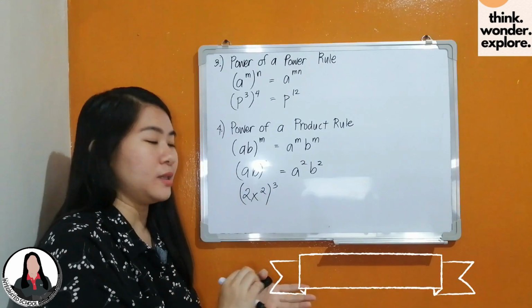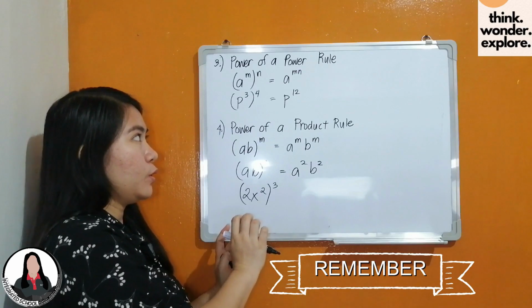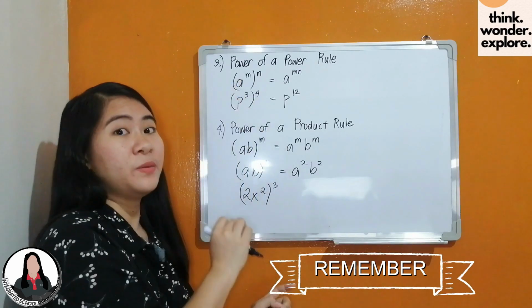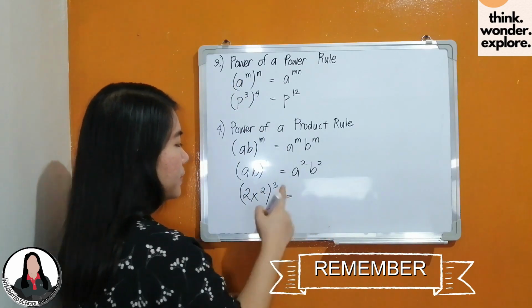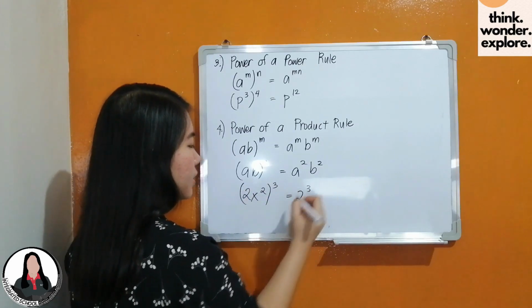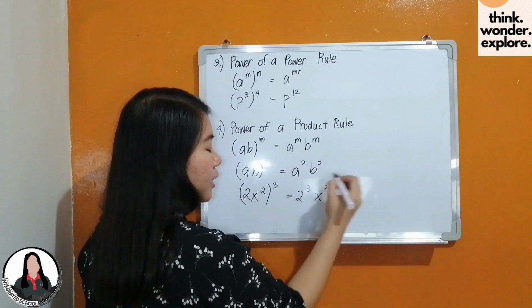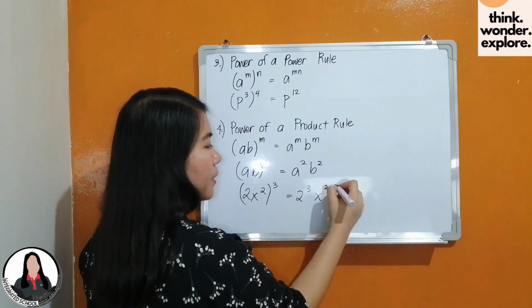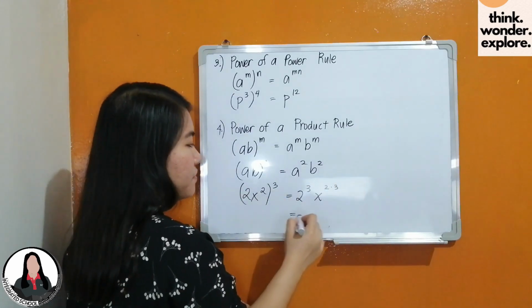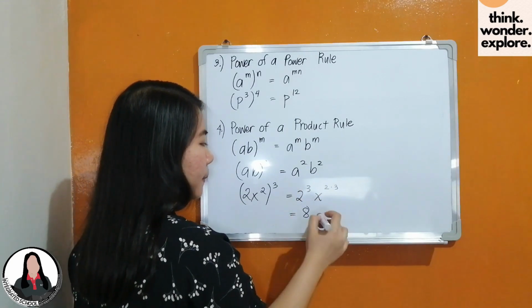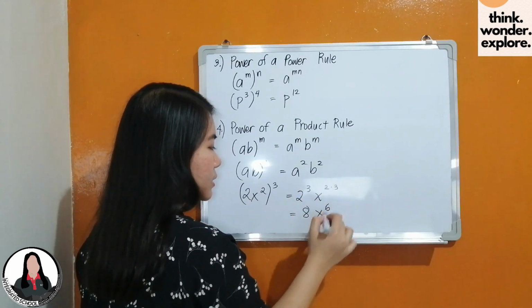So, anong gagawin natin dyan? So, para dito, gagamit naman tayo ng power of a power rule. So, simply, that is 2 raised to 3, x squared times 3, or x squared raised to the power of 3. So, this will give us 2 raised to 3 is 8, x raised to 6.